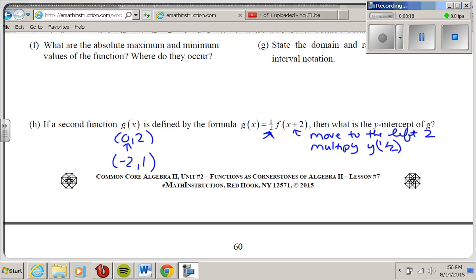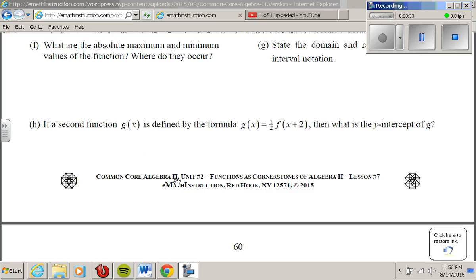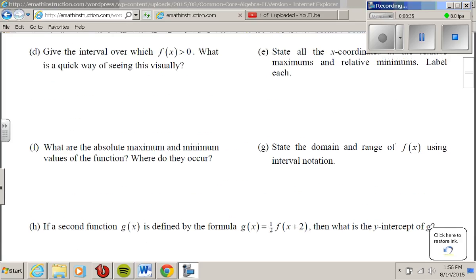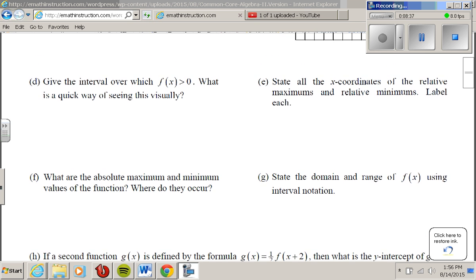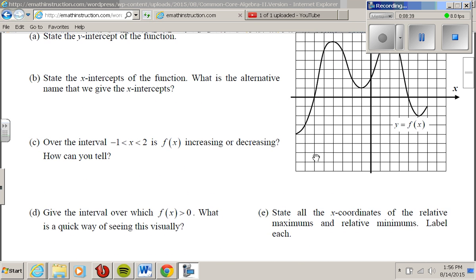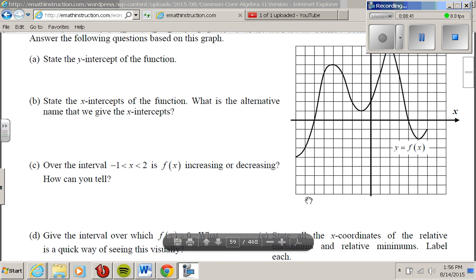We want to take and do that for each point. So if I want to know what the y-intercept of this function would be, I have to take a look at this graph, 1/2 f of x plus 2. So I'm taking this value and shifting it 2 places to the left, and then cutting it in half.